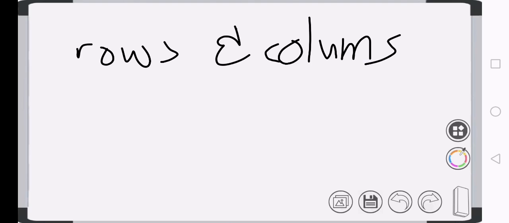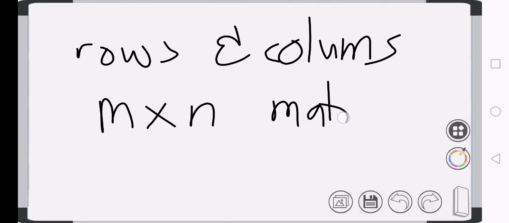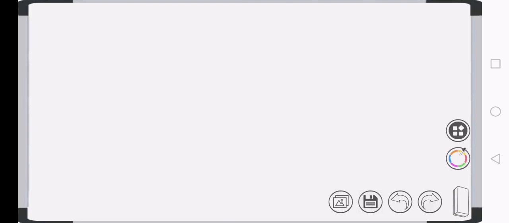So as you know, when you're identifying a matrix, we say it's an M by N matrix. This will come in handy when dealing with multiplication in these matrices. So here's an example.